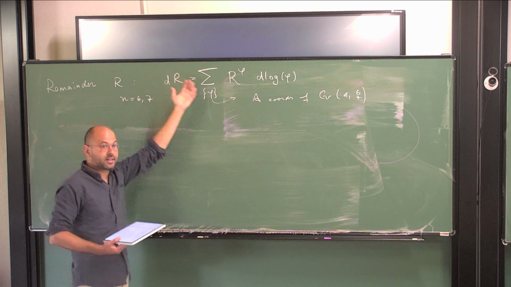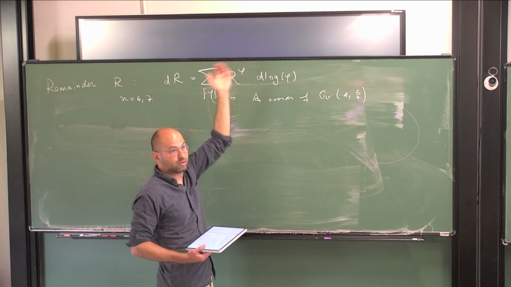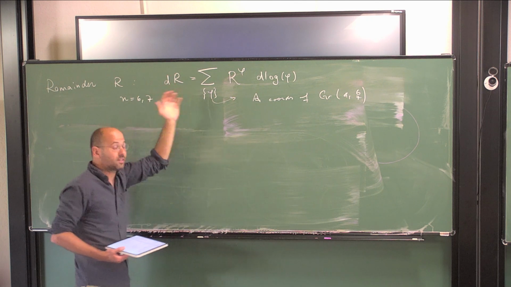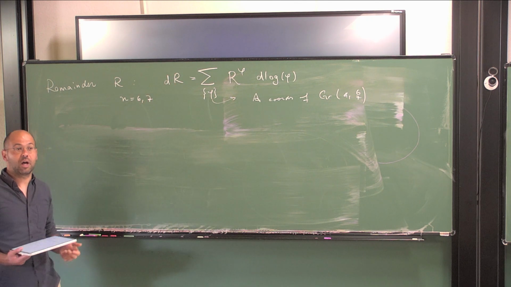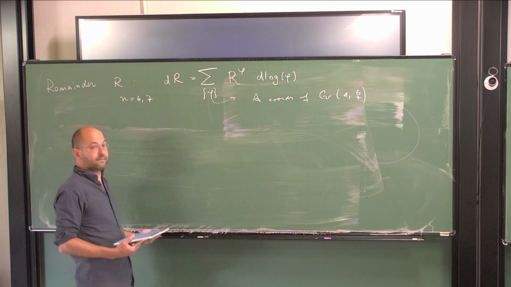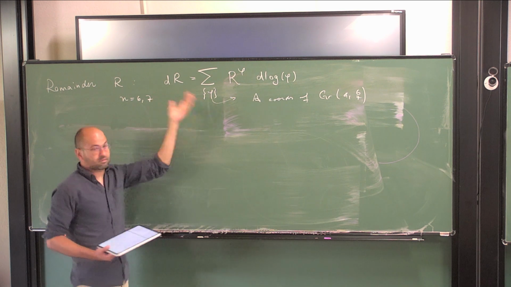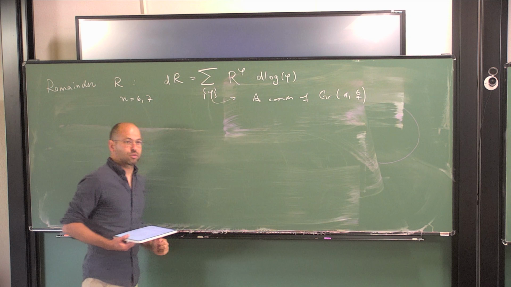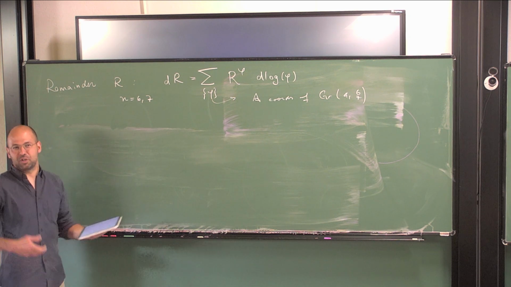So these are iterated integrals on the moduli space of punctured spheres, but you might get iterated integrals on the moduli space of punctured higher genus surfaces. And these are amplitudes as well. And the symbology, meaning what the arguments of these logs are, is more complicated because we have more things than the logs.